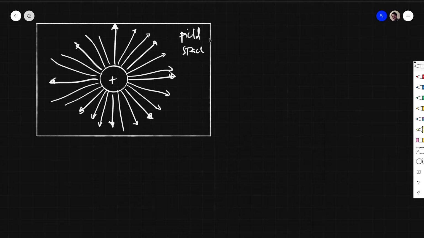If you place an electric field anywhere on its field, there will be an electric field.